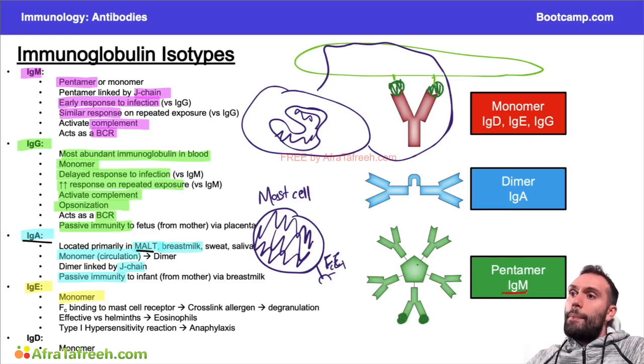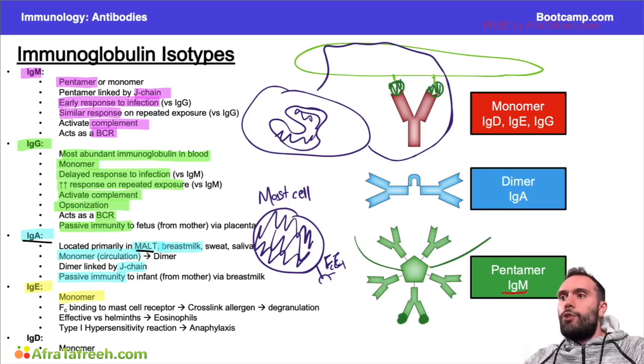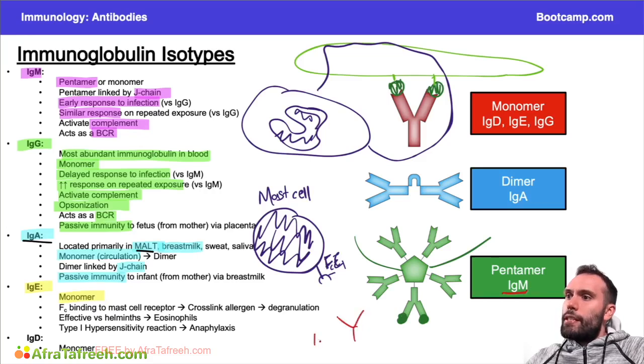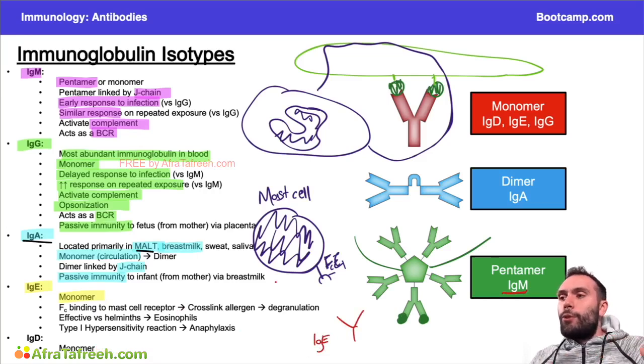Those B cells might go and present this antigen to a T cell, and they might undergo class switching. Then we start to make plasma cells that release IgE antibodies through the stimulation of interleukin 4, like we talked about before, and interleukin 13.